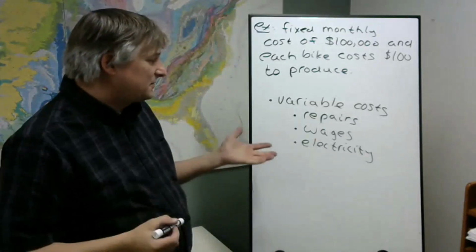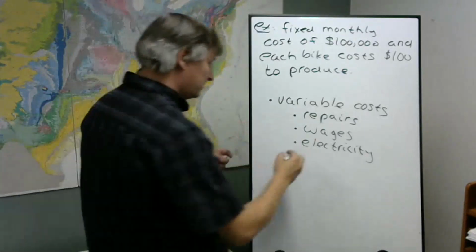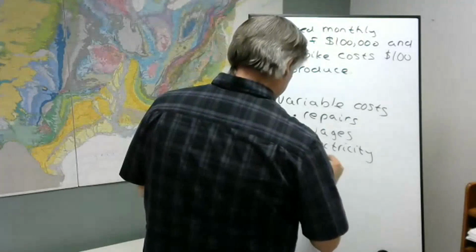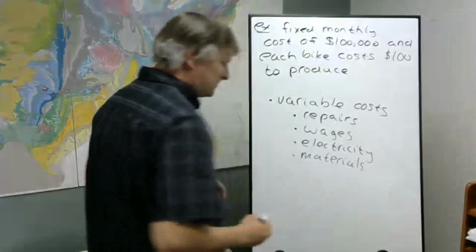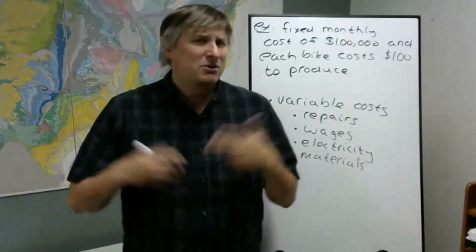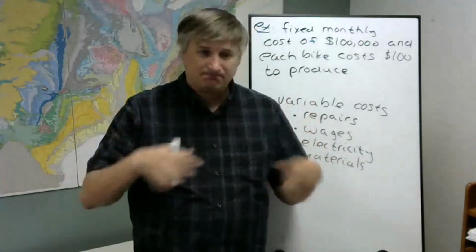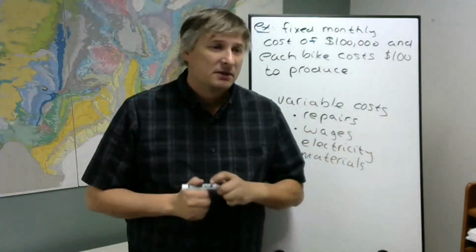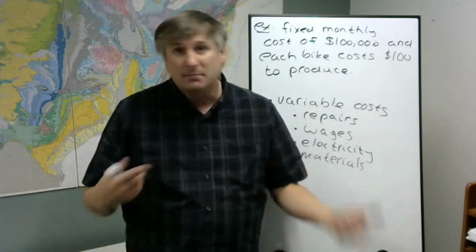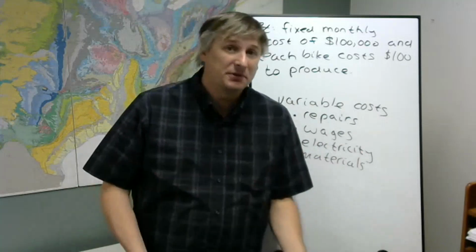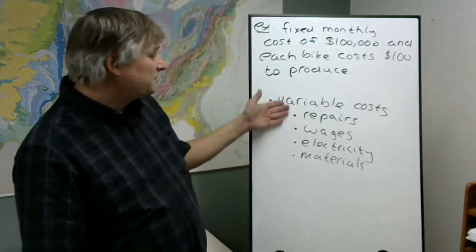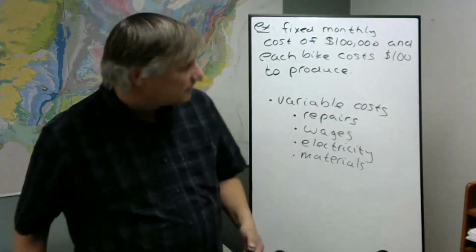So things like this. Materials could be a variable cost. If you're not producing bikes, maybe you don't go out and buy any materials. You just don't even bother with it. But once you start producing bikes, you need the bike parts and things like that. So the more bikes you produce, the more materials you need to get. So these could be your variable costs.